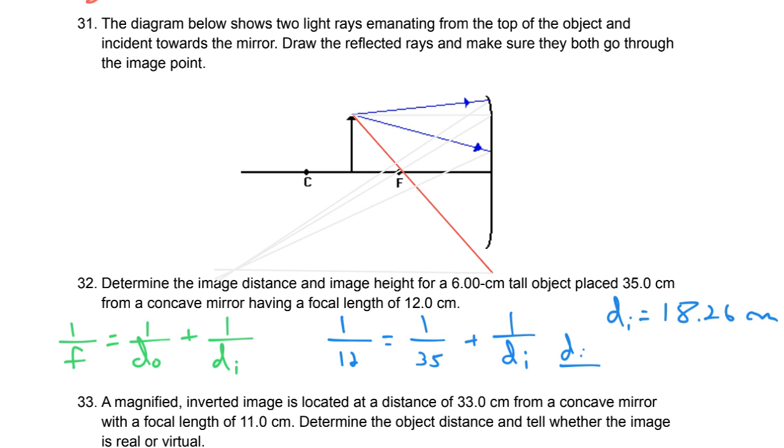So di over do is 18.26 divided by 35, and we get a magnification of 0.52. Then we multiply that by our original height. It was a 6 centimeter tall object, so the height is going to be 3.13 centimeters.